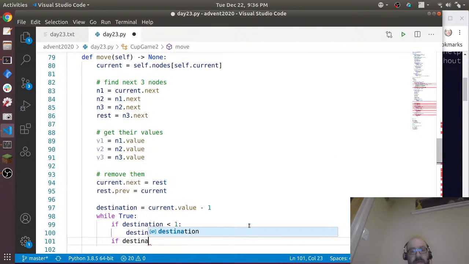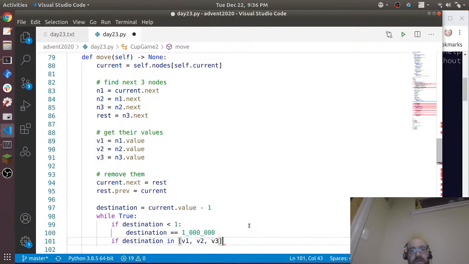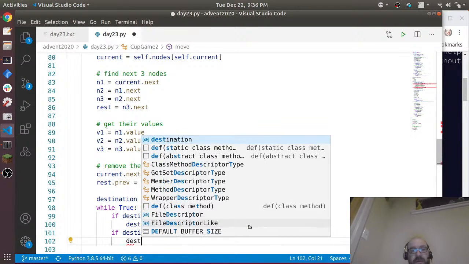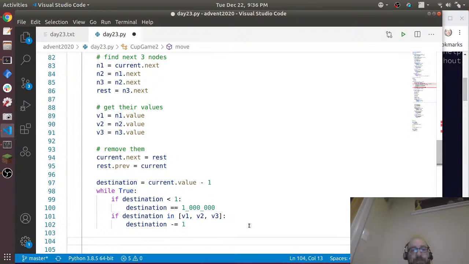If destination in v1, v2, v3, destination minus equals 1.